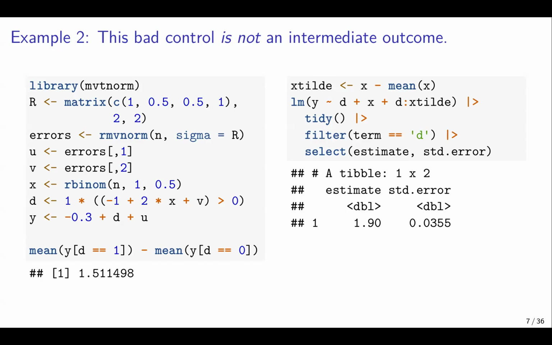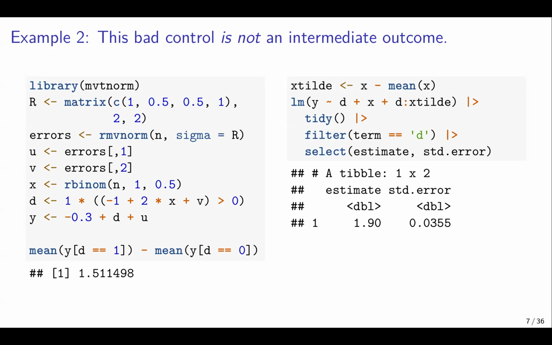That's the wrong answer because if we take a look at the causal model, what we can see is that intervening to change d would have its impact in the final line of code, y gets minus 0.3 plus d plus u. So changing d from 0 to 1 actually has a causal effect on y of 1. I'll say that one more time.